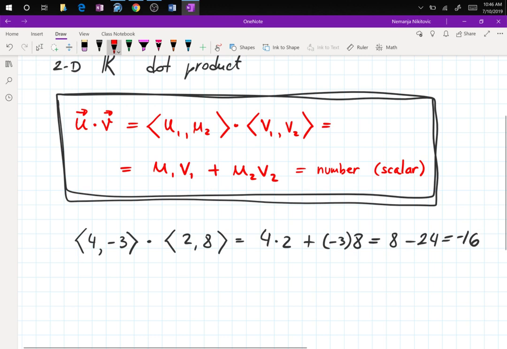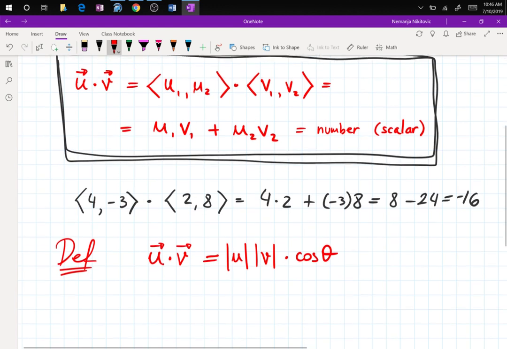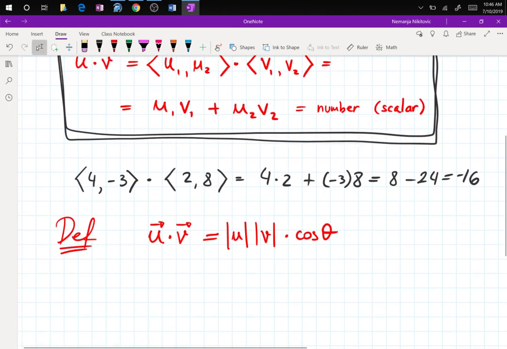So the definition for the dot product is that u dot v is equal to magnitude of u, magnitude of v, times the cosine of the angle between the two vectors.